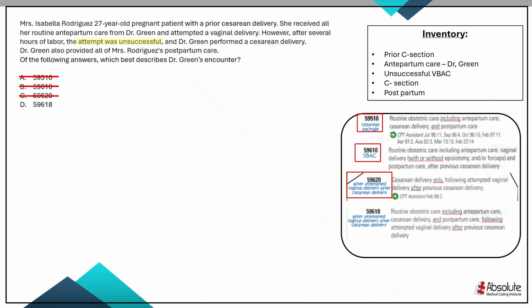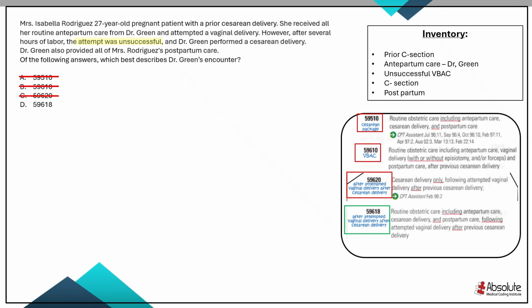And the last remaining code, which is going to be the correct answer for this scenario, is 59618, which is coding for routine obstetric care, including antepartum care, cesarean delivery, and postpartum care following attempted vaginal delivery after the previous cesarean delivery. So it covers your antepartum care, it covers a cesarean delivery following an unsuccessful VBAC.